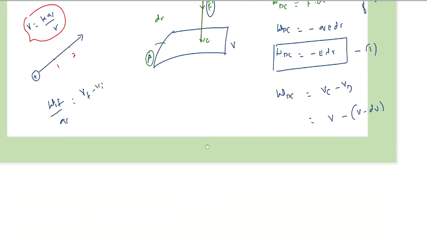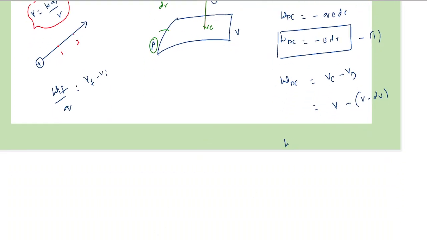If we open the brackets, we get V minus V plus dV. V gets cancelled, so finally the work done to move from D to C is just dV. Call this 2.